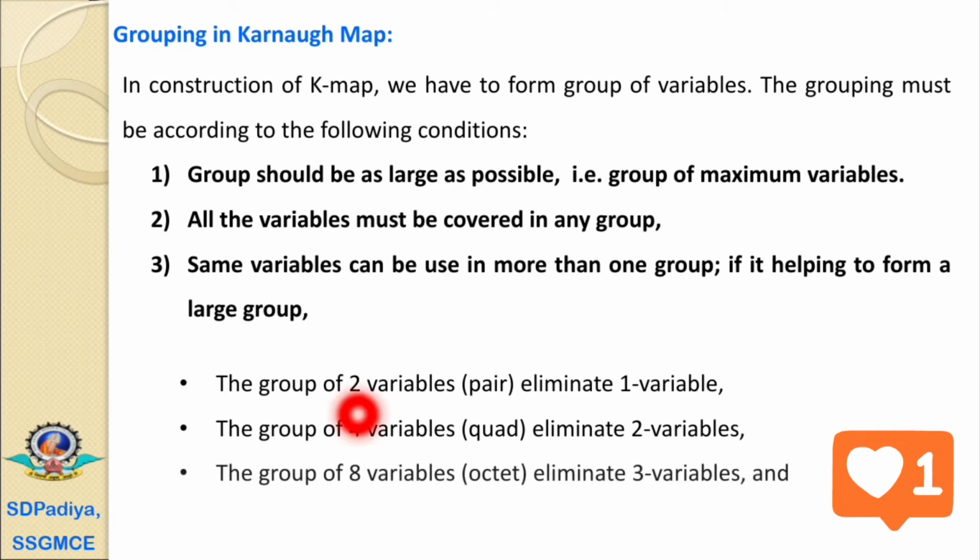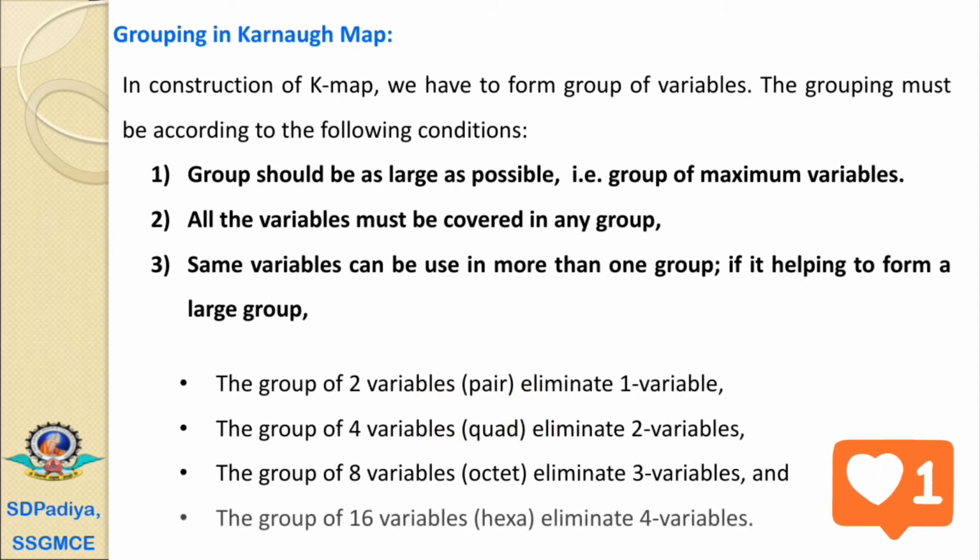If we form a group of 8 variables, that we call an octet, then this octet will eliminate 3 variables, and a group of 16 variables, that we call a hexa, will eliminate 4 variables. Here we can form a group of 2, 4, 8 or 16 variables.